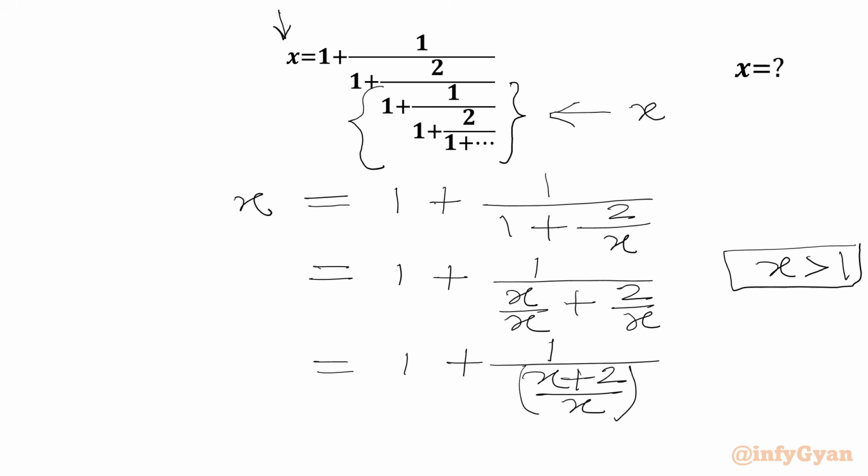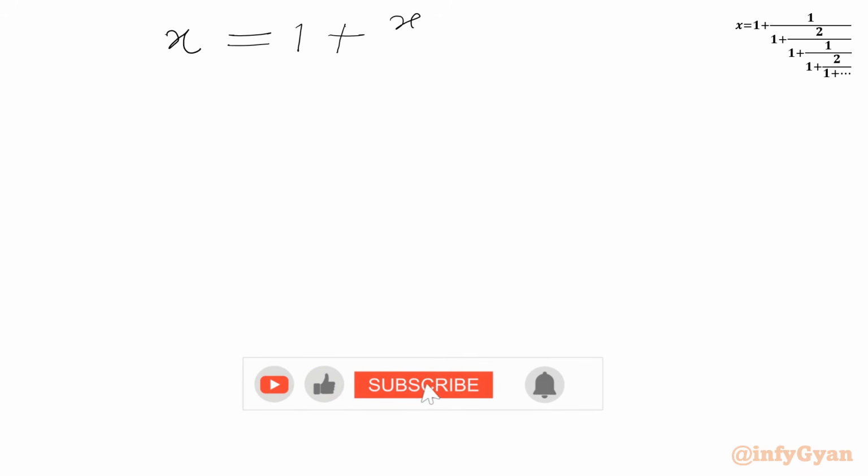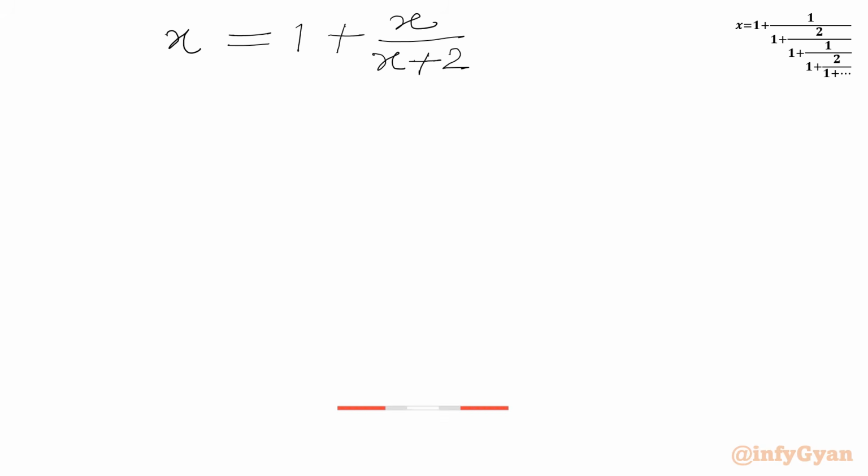Now the reciprocal of x plus 2 over x will be x over x plus 2. So we will write 1 plus x over x plus 2. This is equal to x. So I will write here x equal to 1 plus x over x plus 2. x is greater than 1.